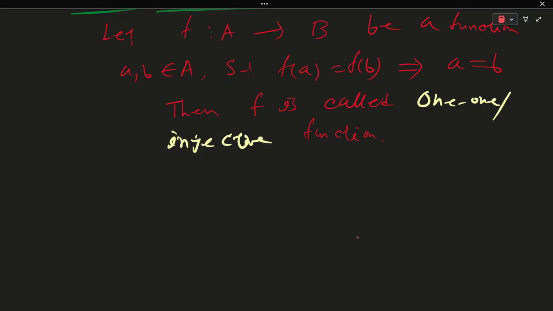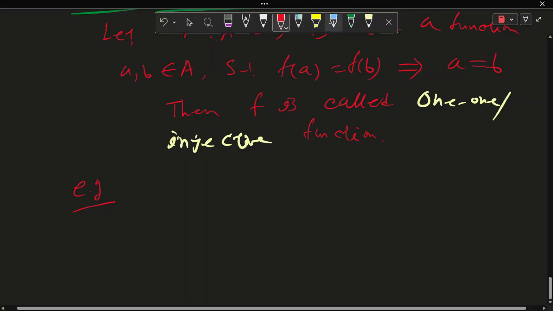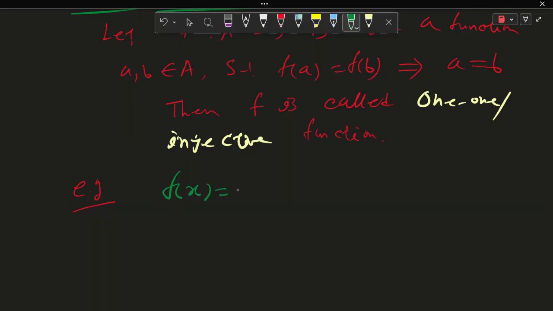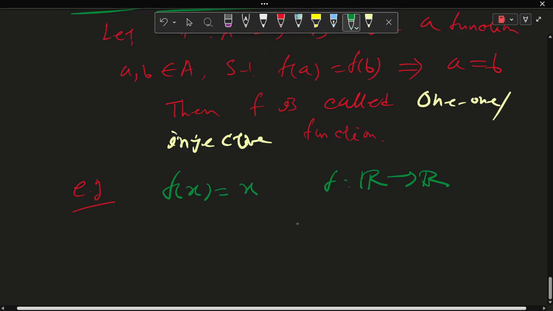Okay, this is it. So an example of a one-one function: take the linear function f(x) = x, defined from R to R, real to real.